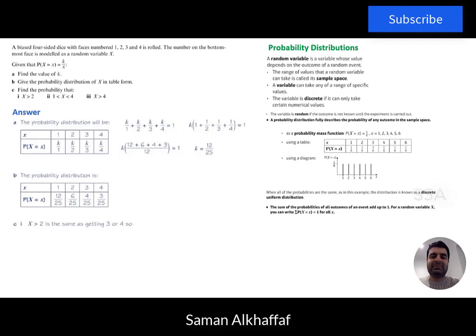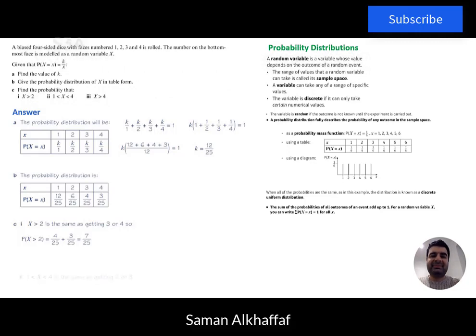We start with the probability of X being bigger than 2, which is the same as getting 3 or 4. So we take the k factors: 4 over 25 plus 3 over 25, which gives us 7 over 25.